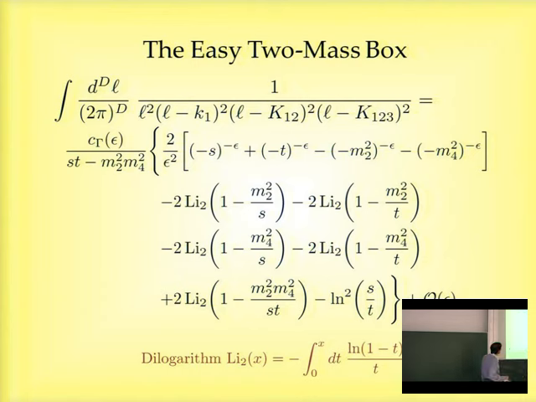One of the things about the dilogarithm is that if I take x to 0, the dilogarithm of 0 is 0. And you'll notice that if I combine terms here, the numerator is exactly what appears in the denominator. So this dilogarithm vanishes when this vanishes.